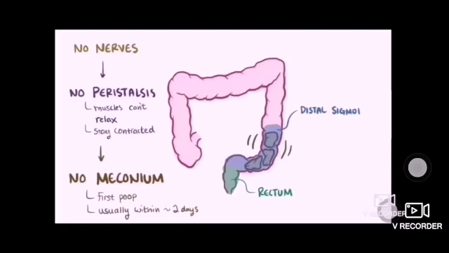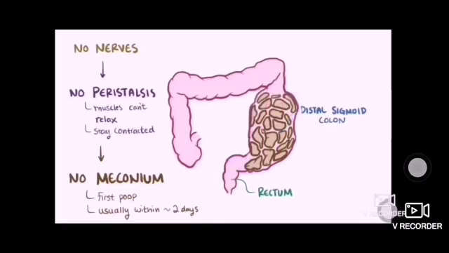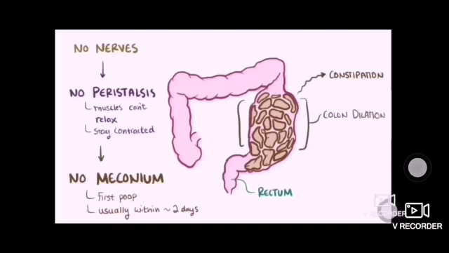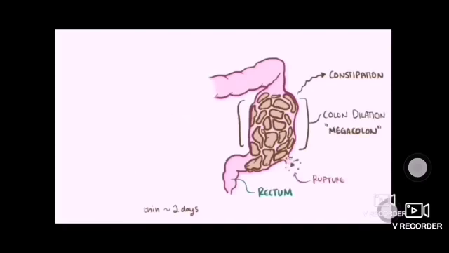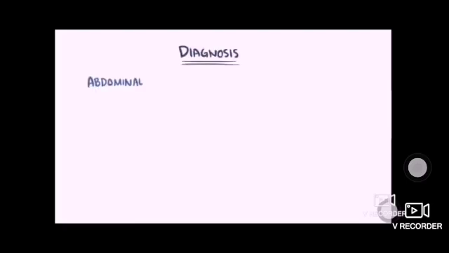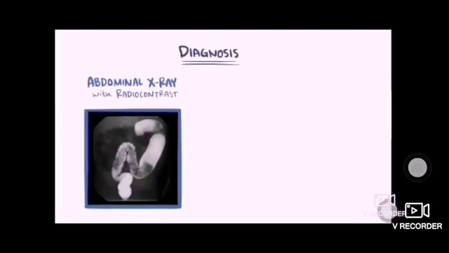The rectum and the distal sigmoid colon, which are the areas closest to the anus, are usually affected. So feces builds up just before the obstruction, which causes serious constipation as well as colon dilation, or megacolon, which is at risk of rupture. For diagnosis, an abdominal X-ray with contrast dye might show an enormous megacolon full of stool that can't be easily pushed out.